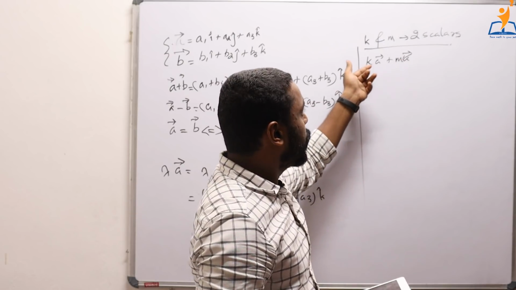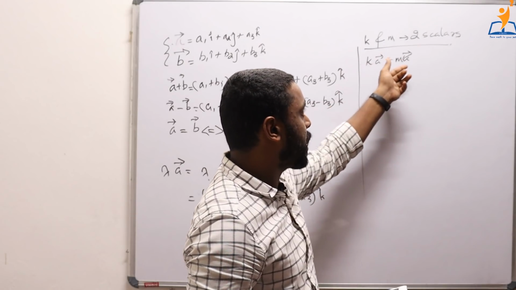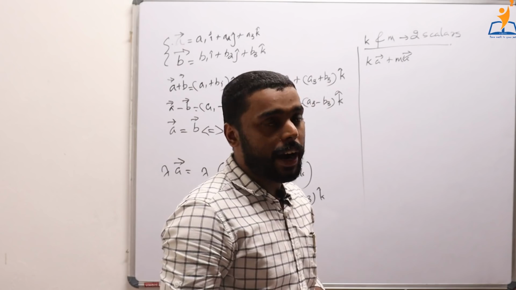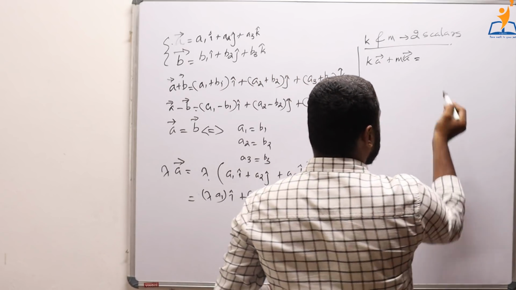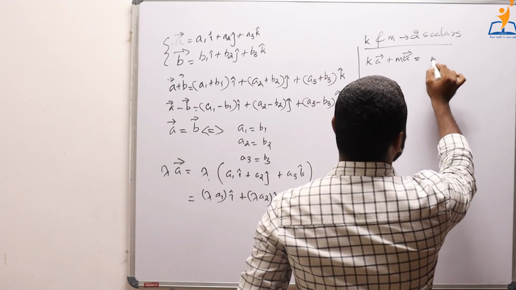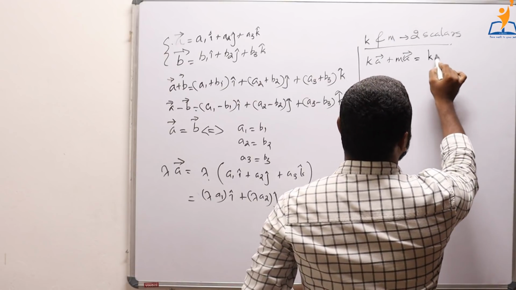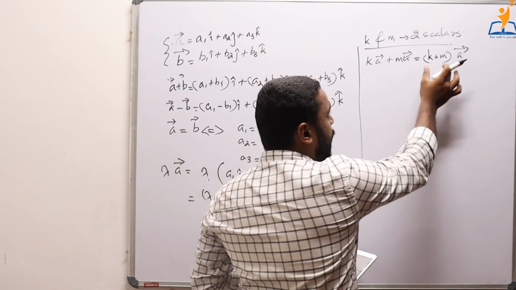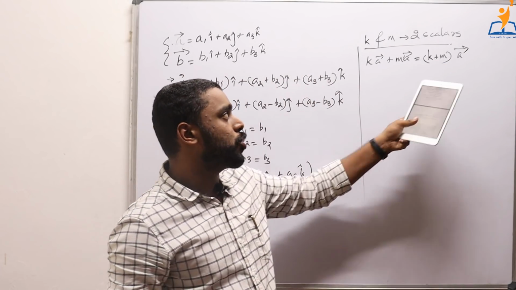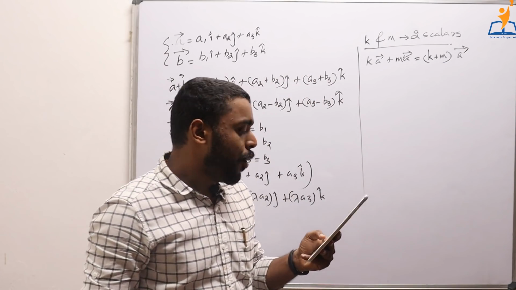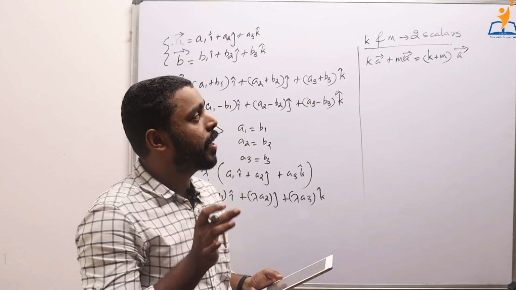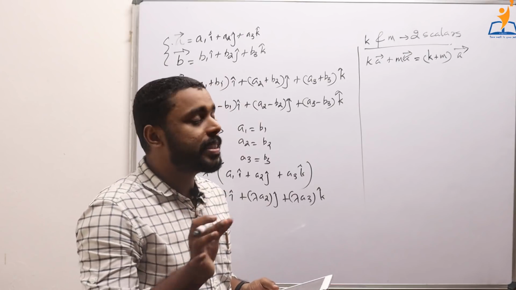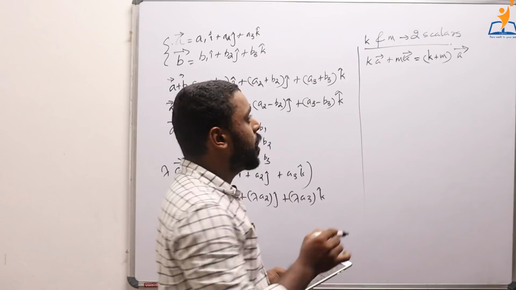That means we have multiplied the same vector with two constants and added. Just as in the case of real numbers, we can take the vector a common, which is equal to (k plus m) into the vector a. Again, k plus m is a scalar, so in order to multiply k plus m into a, we have to multiply k plus m with each component of the vector a.